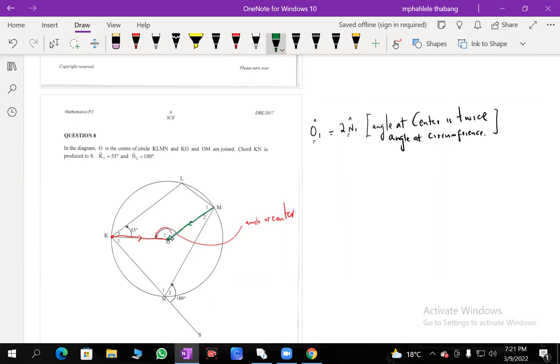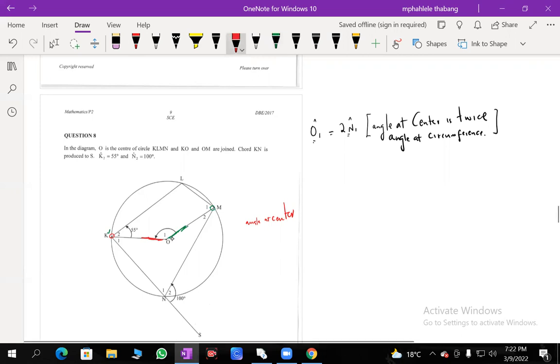So we say angle O1 is subtended by K and M. Angle O1 is subtended by KM because if you look at the lines that form angle O1, this line and this line, this line comes from K and this line comes from M. So we say angle at the center and angle at the circumference must be subtended by the same chord.